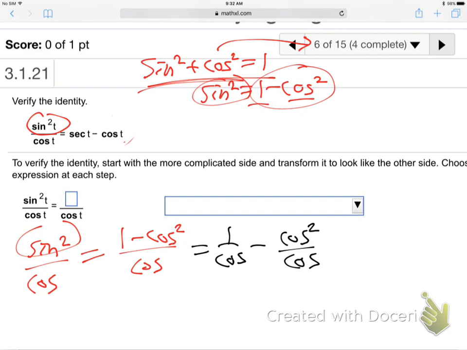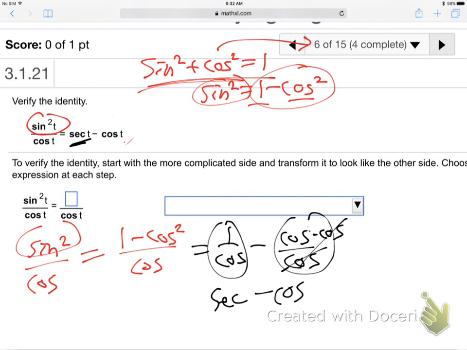You see that? And then what is 1 over cosine? Secant. See, I'm almost there. What is cosine squared over cosine? Cancel. It's just cosine, because cosine squared here over cosine. So, boom. Just cosine. That's it. Do you see that?